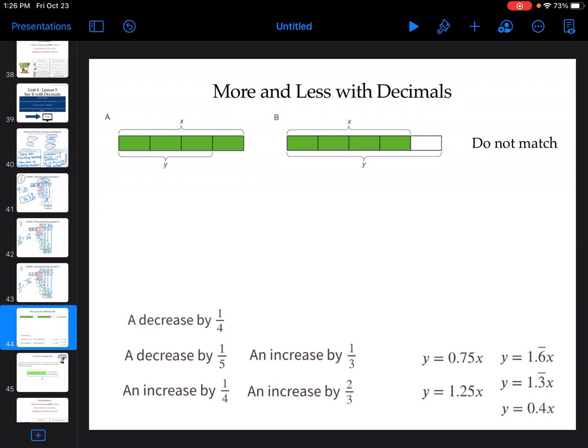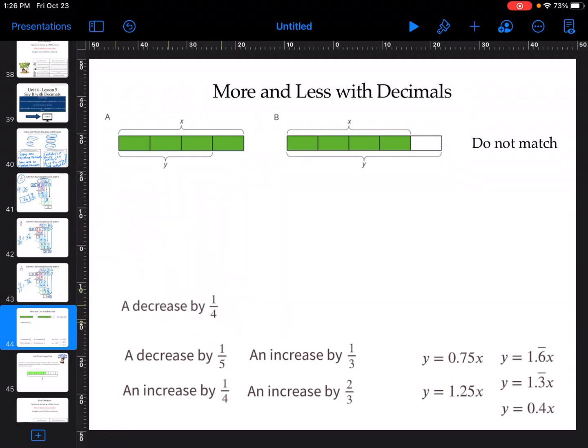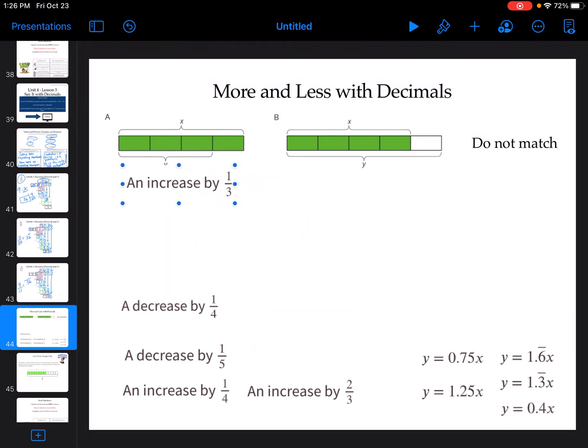All right, so now they're asking me to match up my diagram with my increase and decrease. So it's decreasing by 1/4. So that's got to be that one. It's increasing. I don't know though, because that's 3 spots. So I think that might be increasing by 1/3. Yep. This one is increasing by 1/4.